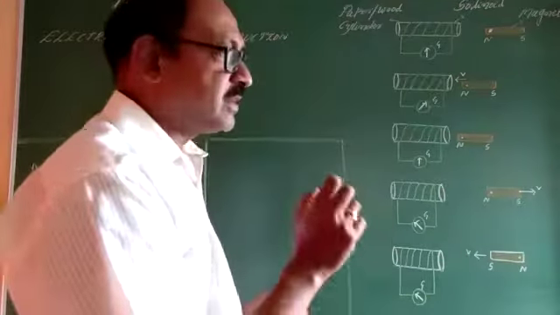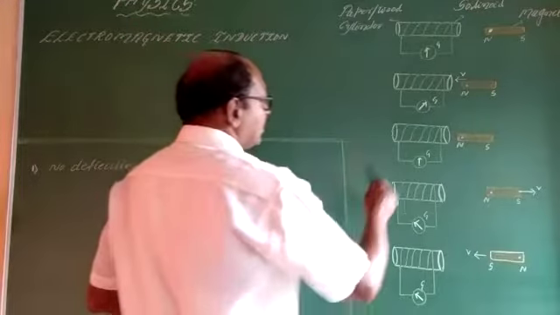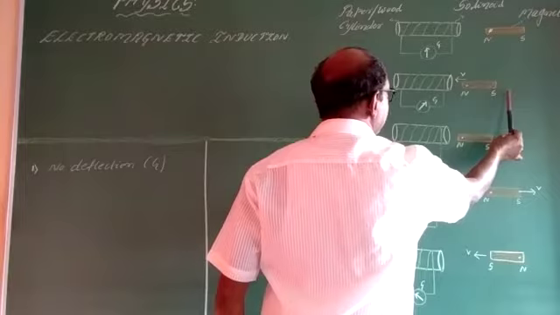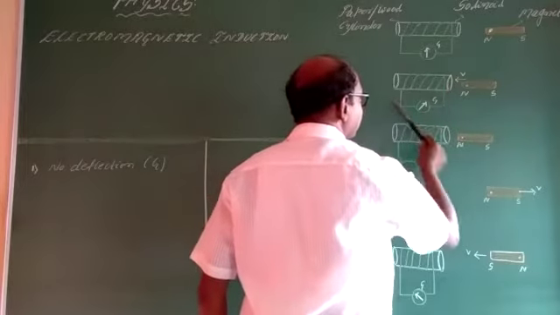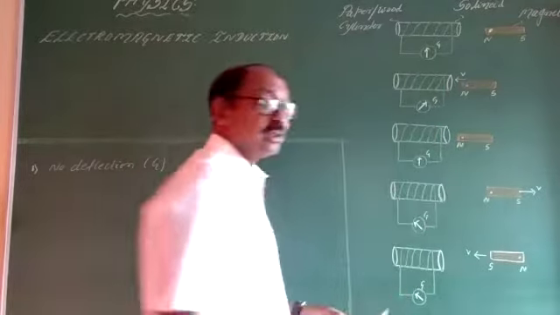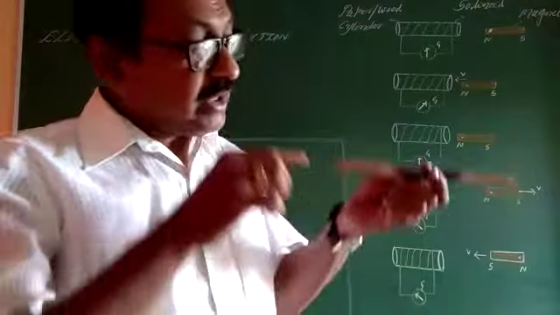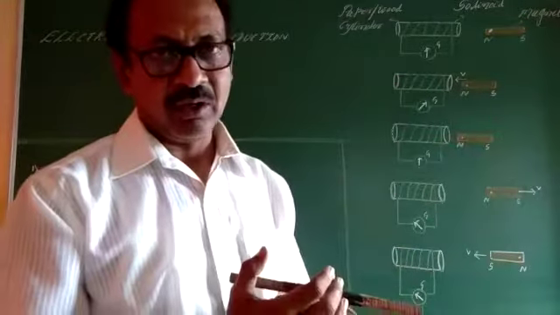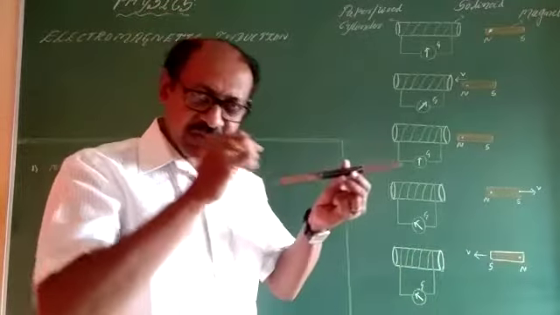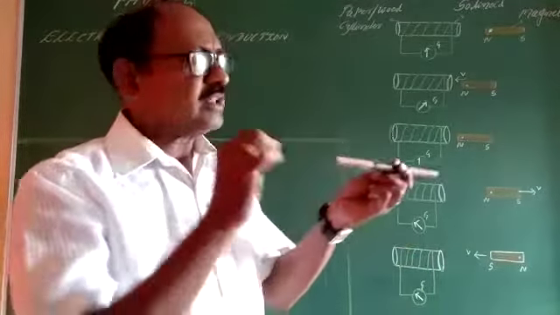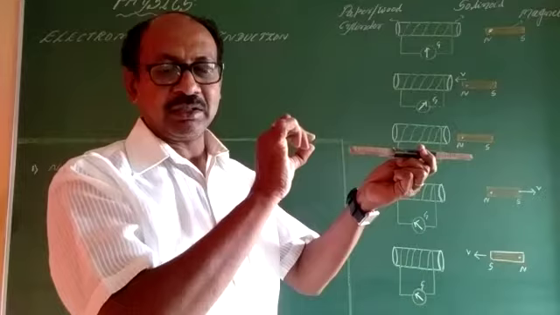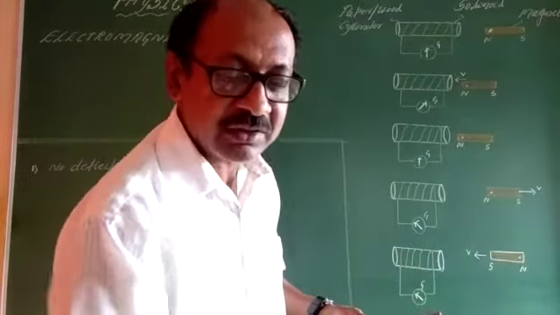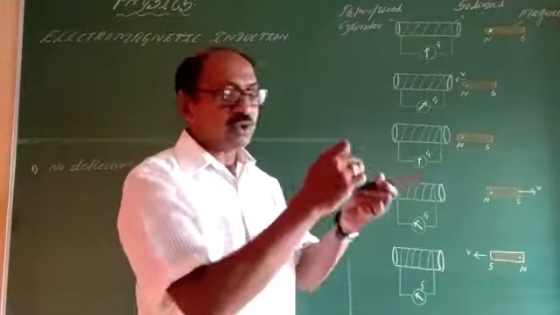Now what you have to do is move this magnet towards the coil, or push it inside the coil. Both can be done. Let us consider here is the magnet and this is the solenoid.